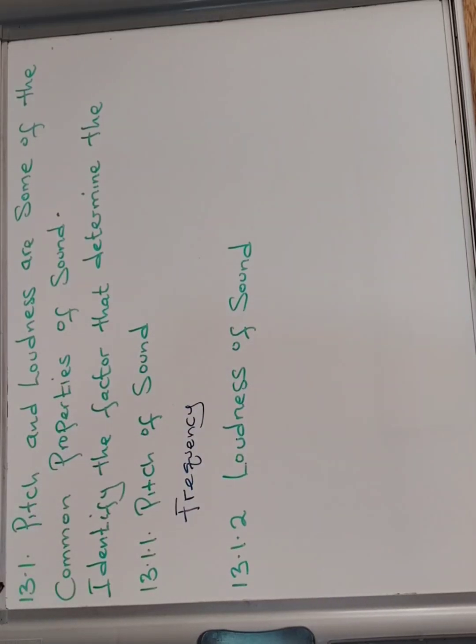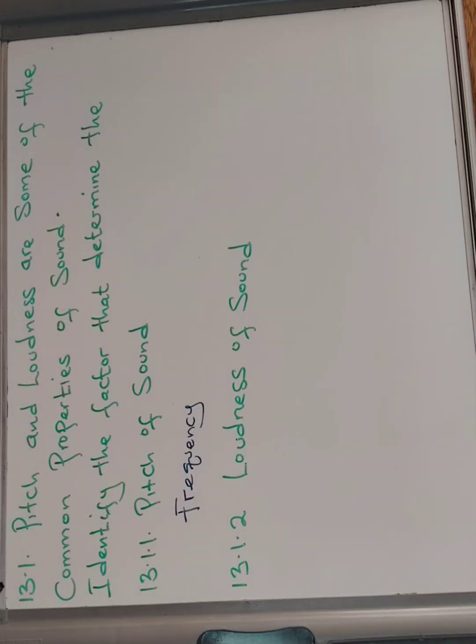Loudness of sound. What factor determines the loudness of sound? The factor is amplitude. Probably we don't know what loudness of sound is. If you are having a home theater system and you touch that volume and raise it upwards, what you are doing there is increasing the volume.